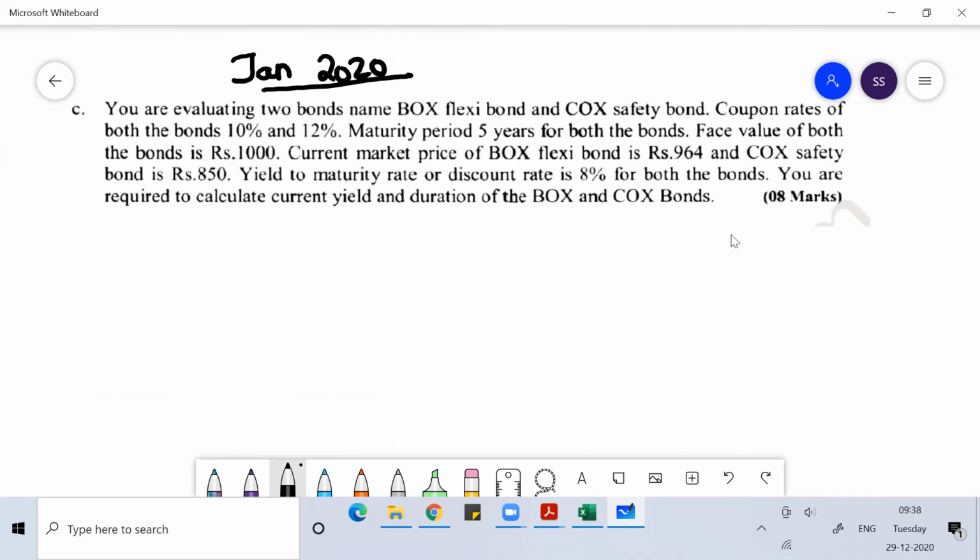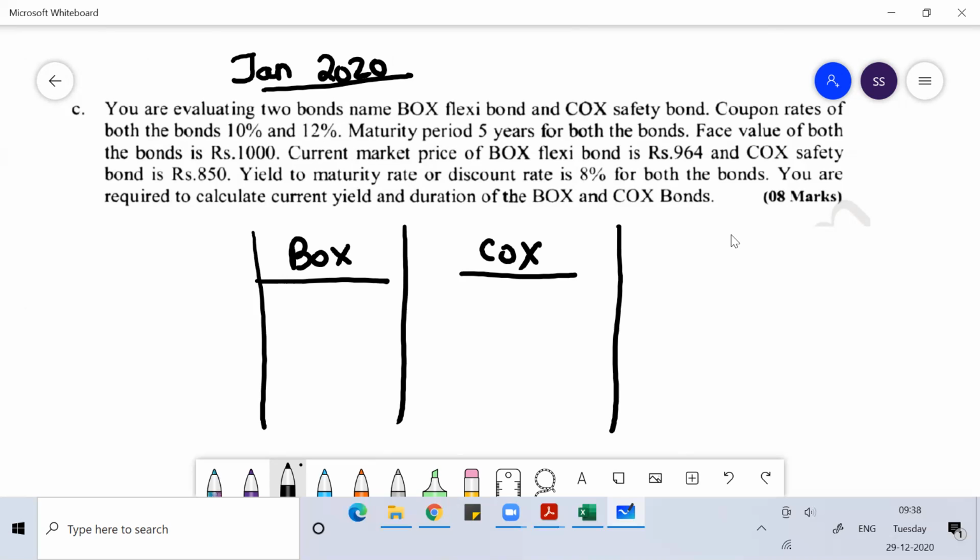In this question paper, you are evaluating two bonds, BOX flexi bond and COX safety bond. You have BOX and you have COX.